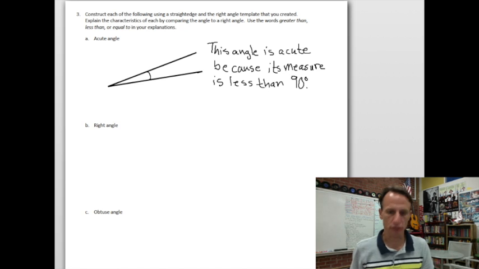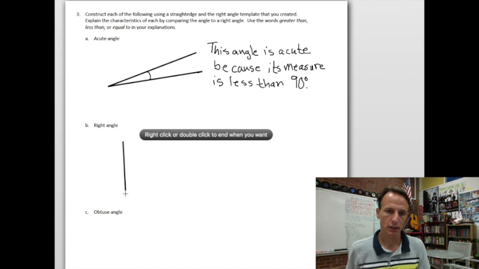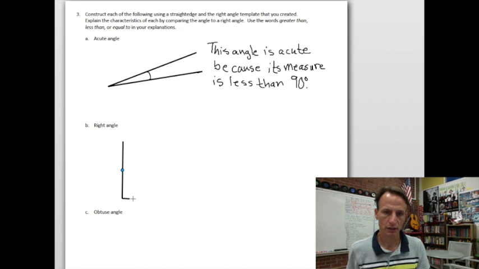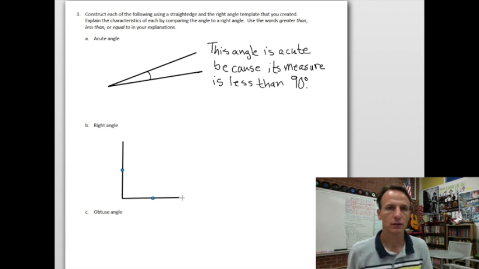All right, let's do a right angle now. So boom. Make it nice and big here. Great. And instead of the arc, I'll draw the square here, to show that this is a right angle.